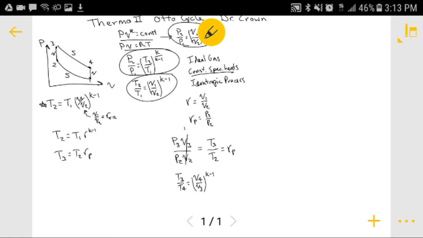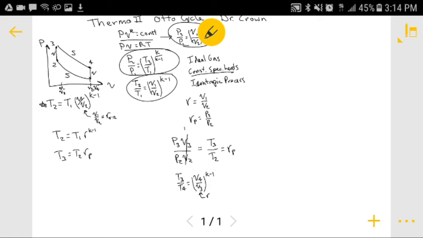In this case, V4 over V3 is also equal to r, since on the PV diagram V1 and V4 are the same, and V2 and V3 are the same.